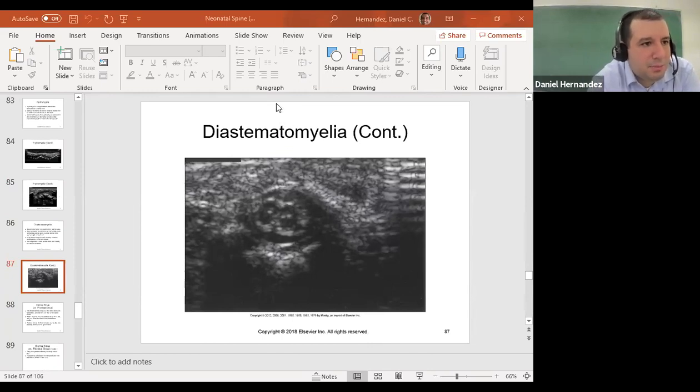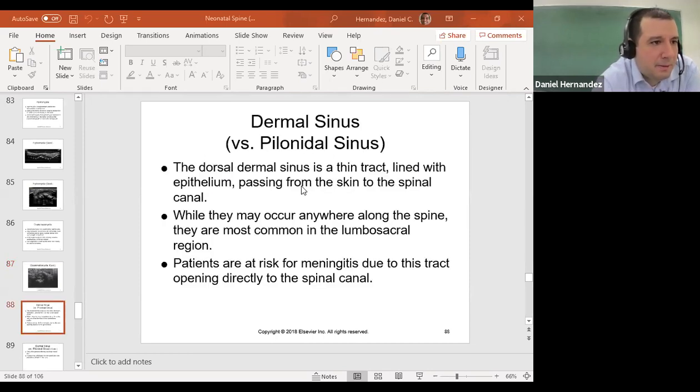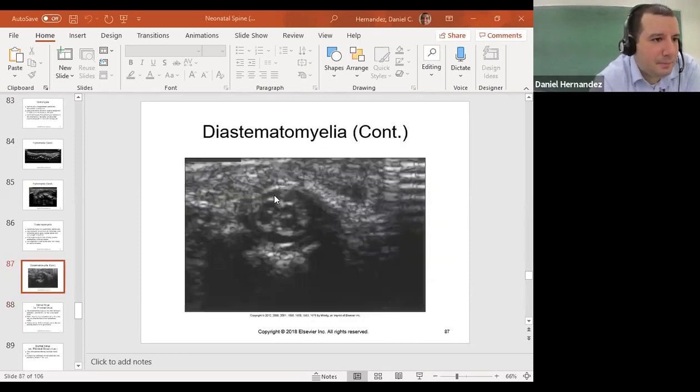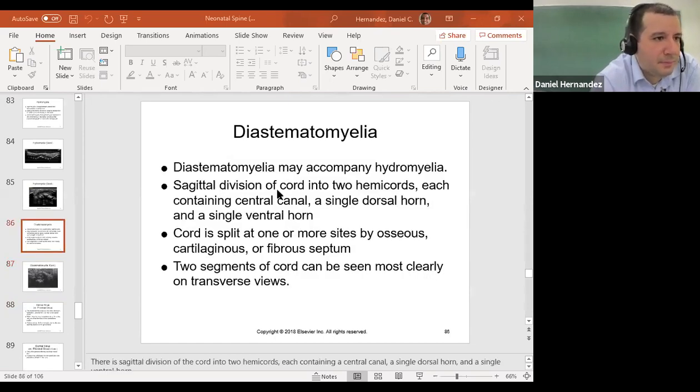So diastematomyelia. This is actually a splitting of the spinal cord. So you can see two neural canals, two central canals of the spinal cord. So diastematomyelia may accompany a hydromyelia.